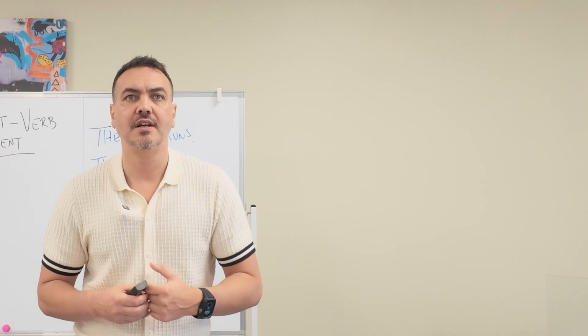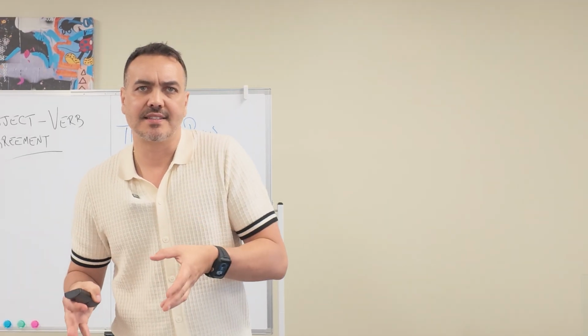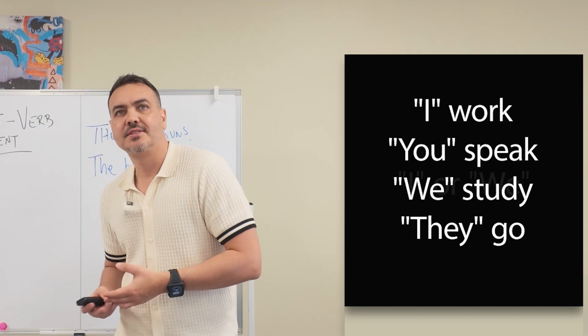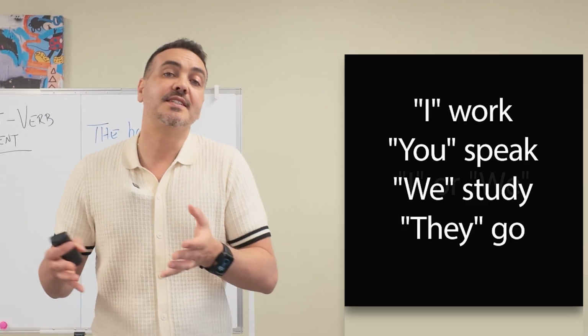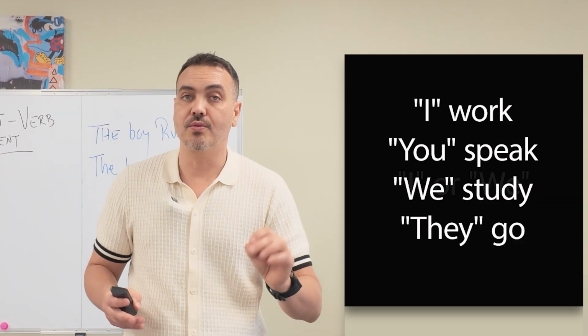I speak English, you speak English, we speak English, they speak English. Now, you do not add s after these subjects. So it would be incorrect to say, I works, you speaks, we studies, they goes. The correct way would be to say, I work, you speak, we study, they go.